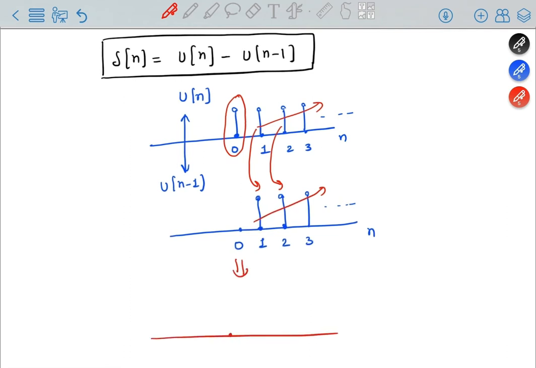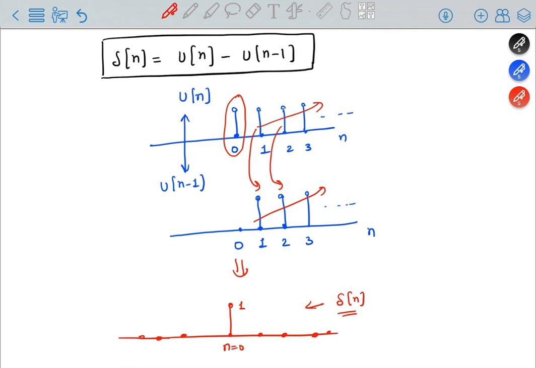It will be 1 at n equal to 0, and for all other values it will be 0. This signal basically resembles del n, as we have already discussed in the definition of del n. It takes a value of 1 for n equal to 0, and for all other values it will be 0.